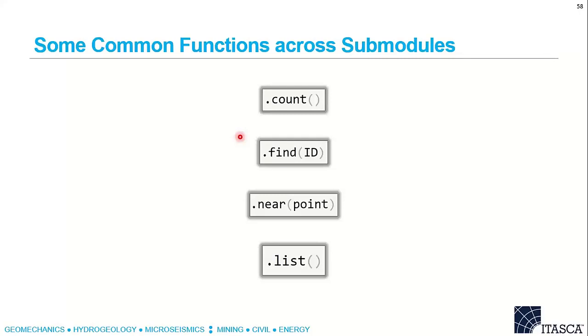And there are more common functions, and once again, the best way to see what is available, because there is so much connectivity, is to go through the actual Itasca documentation available within the software or within your web browser.